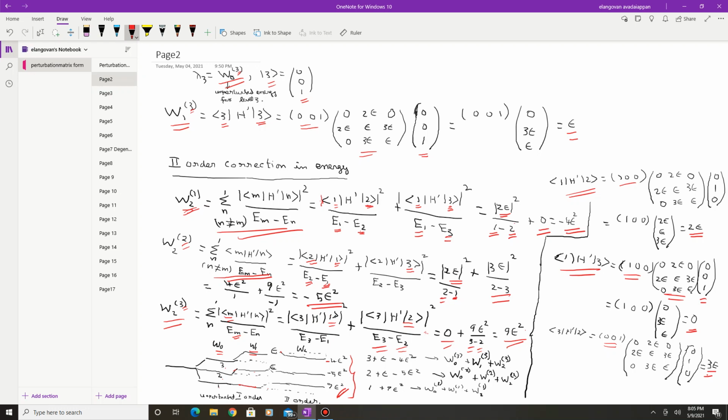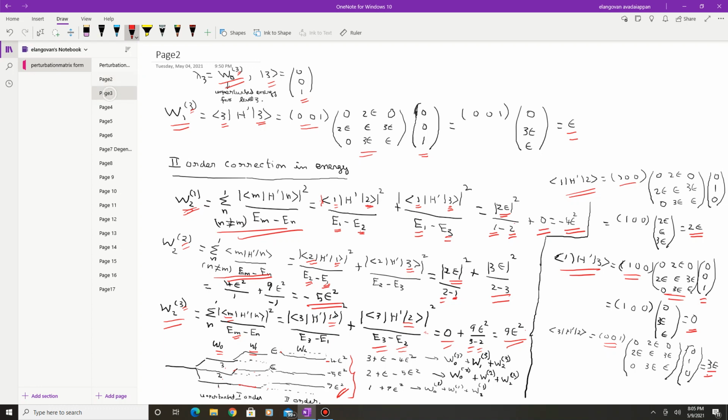For the second order correction, this expression is also available. Using this, you substitute H prime and suitable values of m and n, and you can calculate the second order energy also. So the first order energy and the second order energy for the non-degenerate level can be obtained by this method.